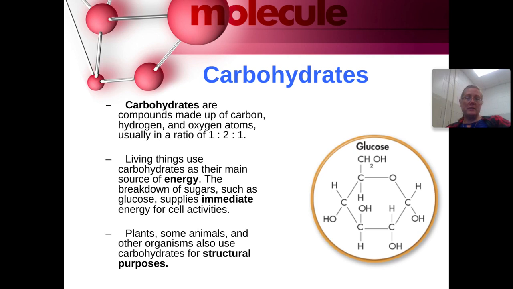That's 1 carbon to 2 hydrogen to 1 oxygen. Most living things use carbohydrates as their main source of energy. These are sugars such as glucose, which can be broken down immediately and quickly for your cell's general activities. Plants and some animals also use carbohydrates for some structural purposes, which we will get to in a minute.